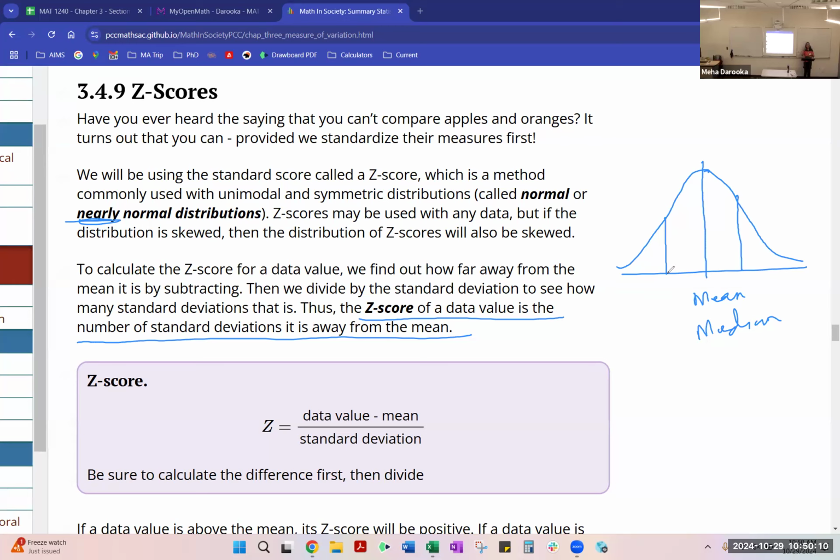So in that case, just using raw data is not going to be enough. That's why we need the z-score, which is based on the standard deviation. So start by calculating the subtraction first, do the difference first, and then you do the division.